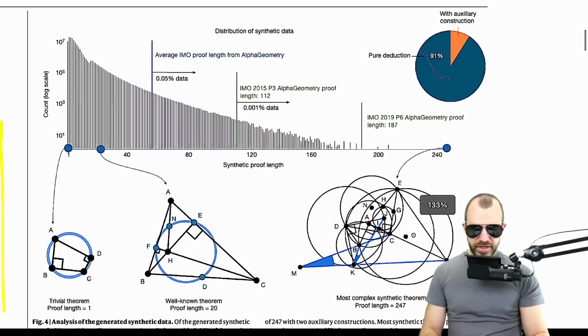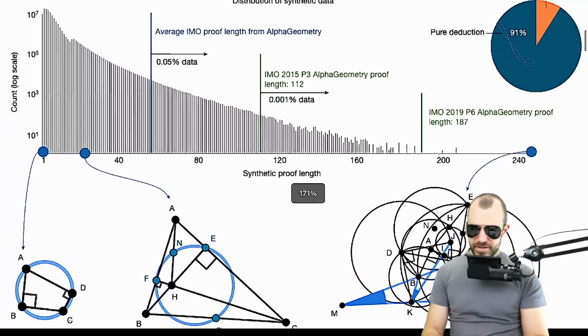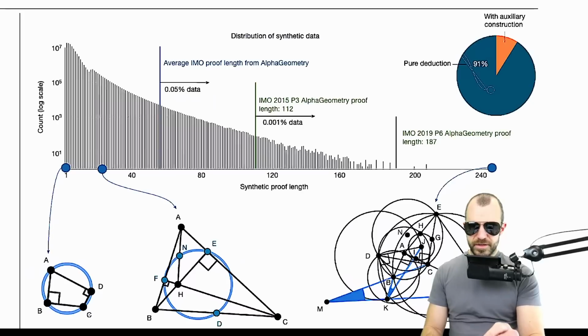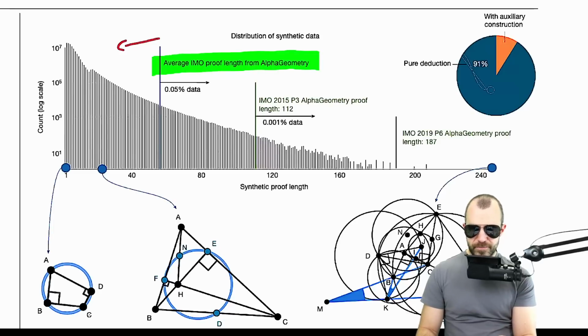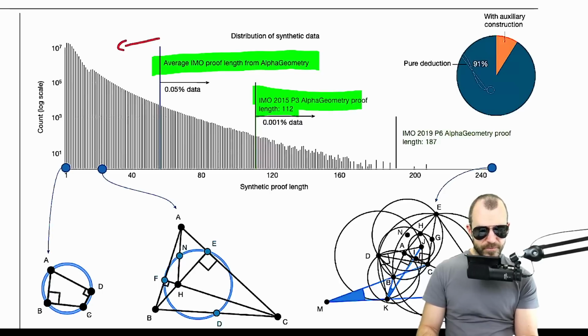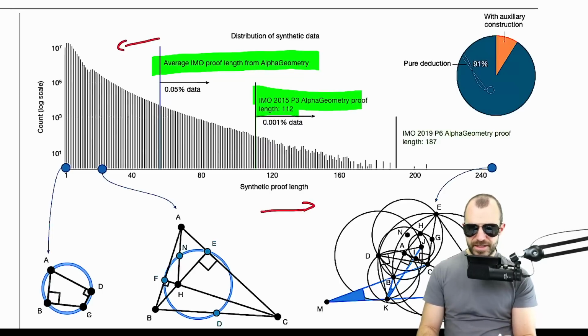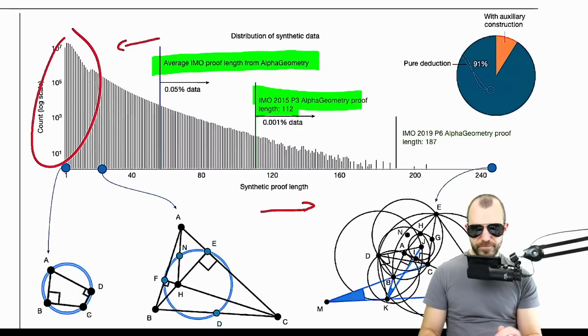They look a little bit into the data they have generated. The proofs are skewed towards the shorter end, but here you can see the average proof length and very long proofs. Still, you can see there are enough proofs in the data set that surpass that, although this is a log scale.